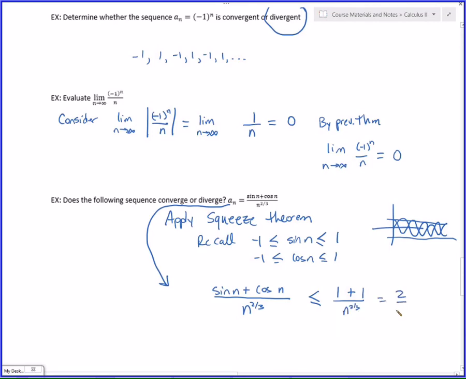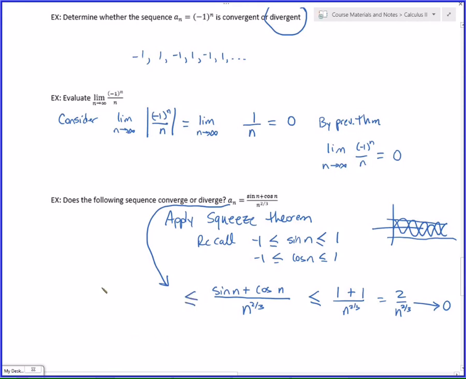So this is smaller than 2 over n to the 2/3. This sequence will never be bigger than this because the top can't get bigger than 2. Does that make sense? The output of a sine is never bigger than 1, and the output of a cosine is never bigger than 1. So the biggest the top could possibly be is 2. But what does that go to? 0. That's another Bobo, because the top is degree 0 and the bottom is 2/3.